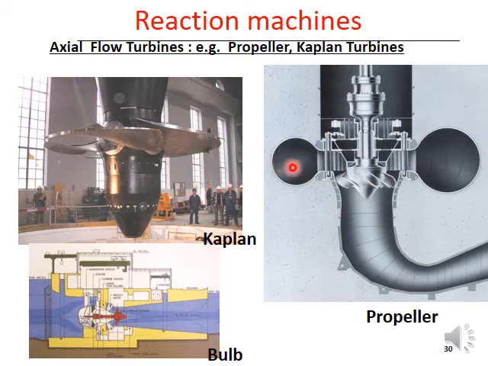So you can see the flow enters through the spiral casing or volute casing and then passes through the wicket gates or guide vanes and then flows through the impeller. When the flow goes through the impeller, flow is axial, and then flow passes through the draft tube to the downstream.